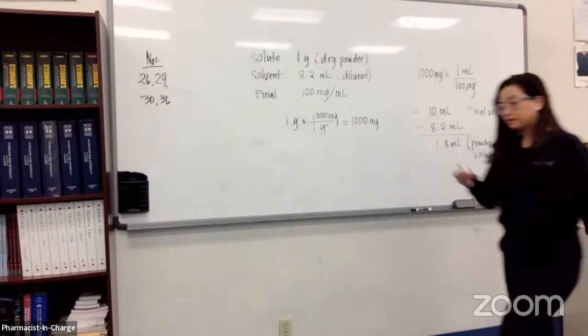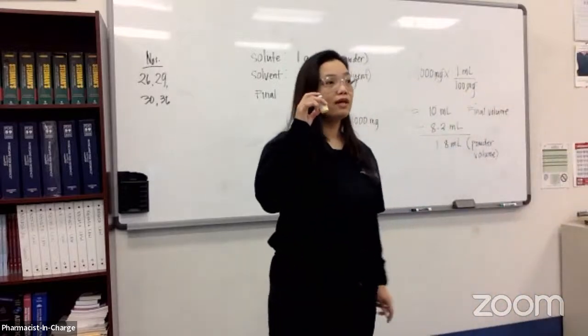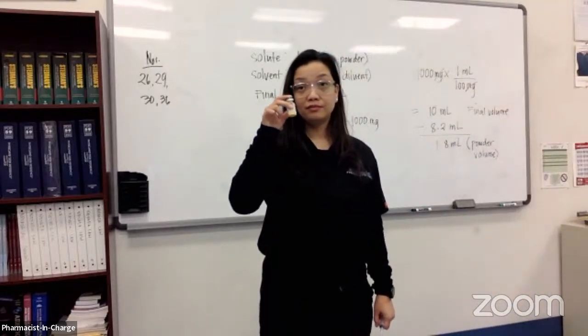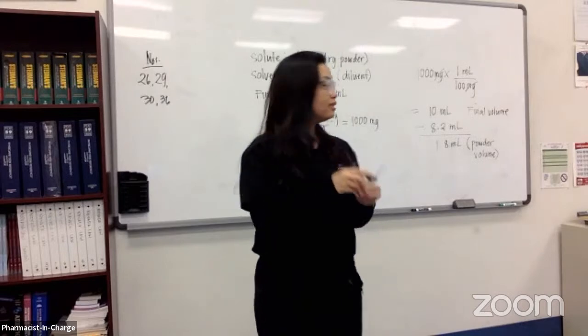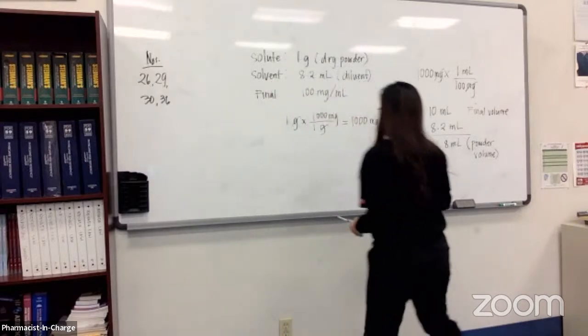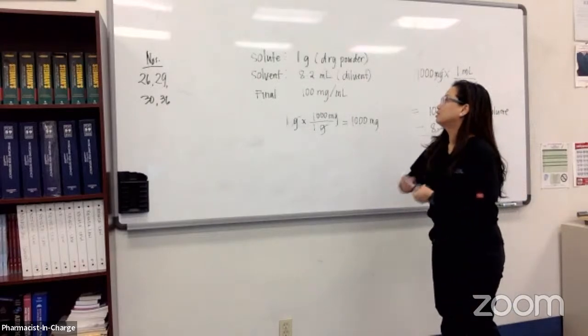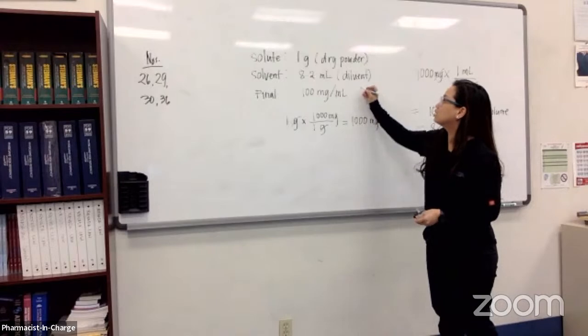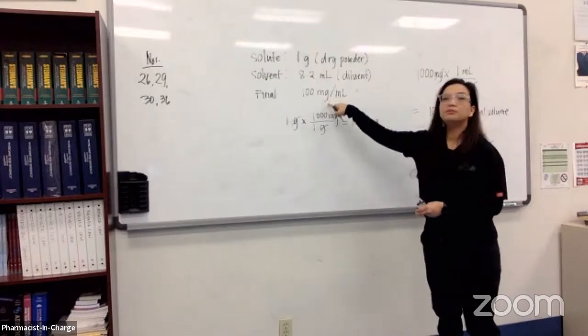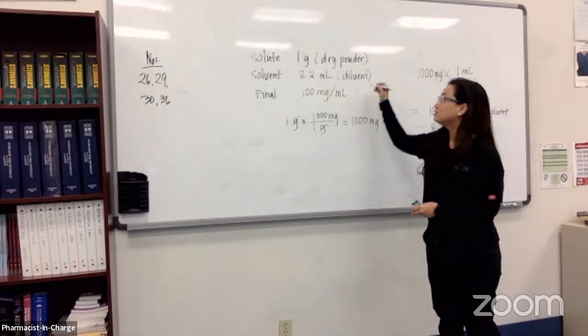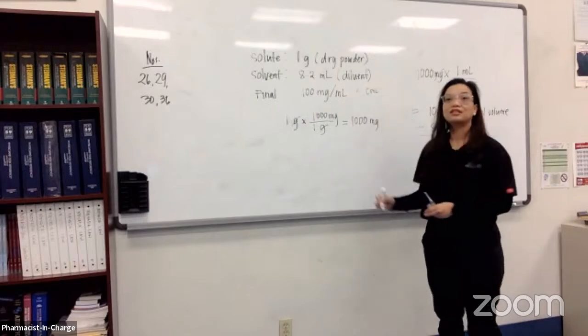It's saying that the powder in this vial is 1 gram, and the label will say that after reconstitution, the strength of this drug will be 100 milligrams per ml. So this is your strength, or your concentration.